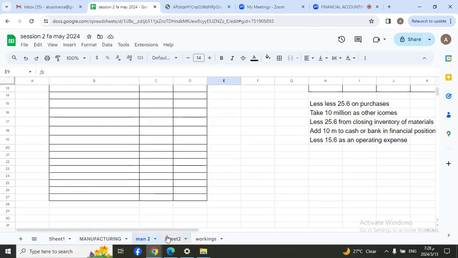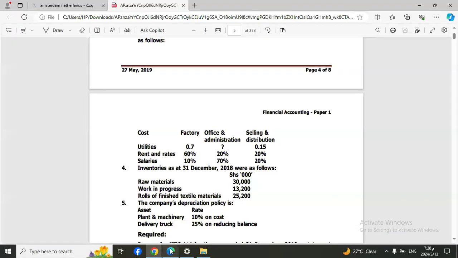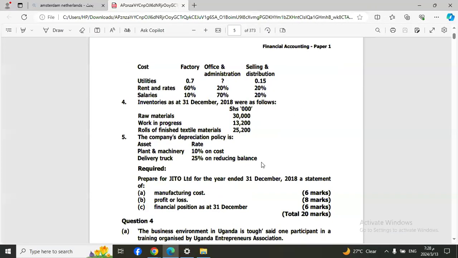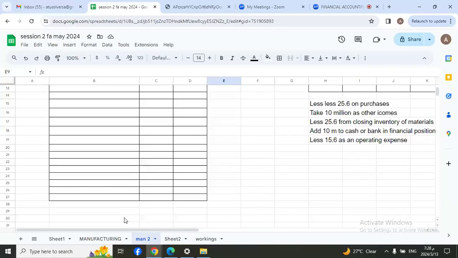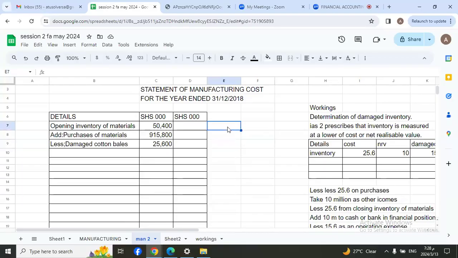Let's continue. We are saying from there, in case you don't have any returns, we go on to less our closing inventory. So I will come here and I less what?